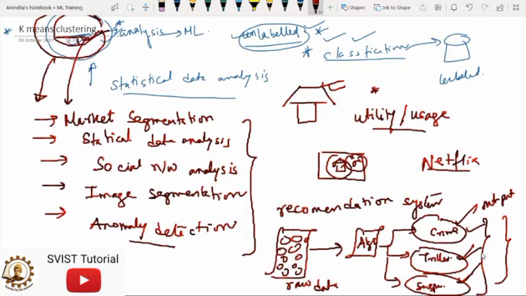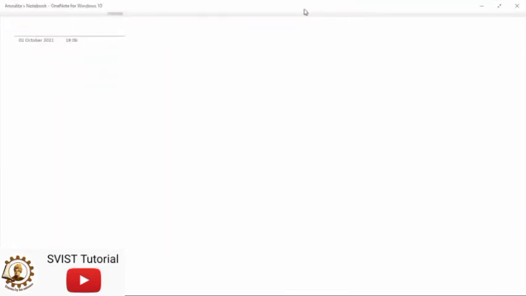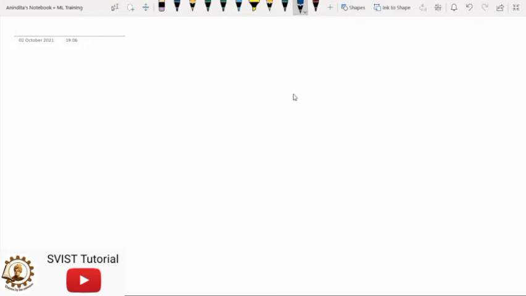So first you have to understand the types of clustering algorithms available in machine learning. This is the most important point, and only then will you understand in which category K-means clustering falls. So basically we are talking about types of clustering.